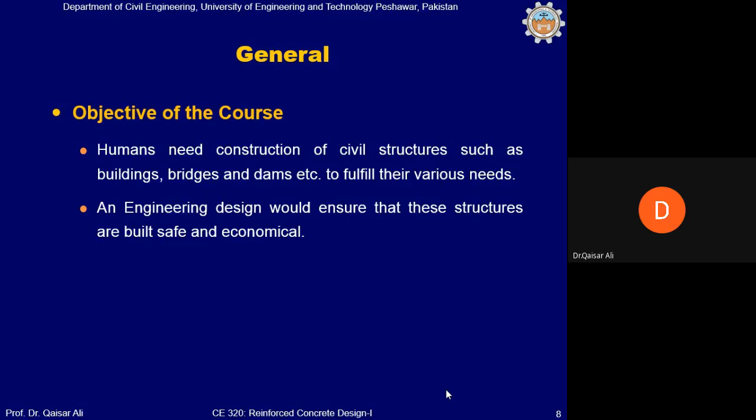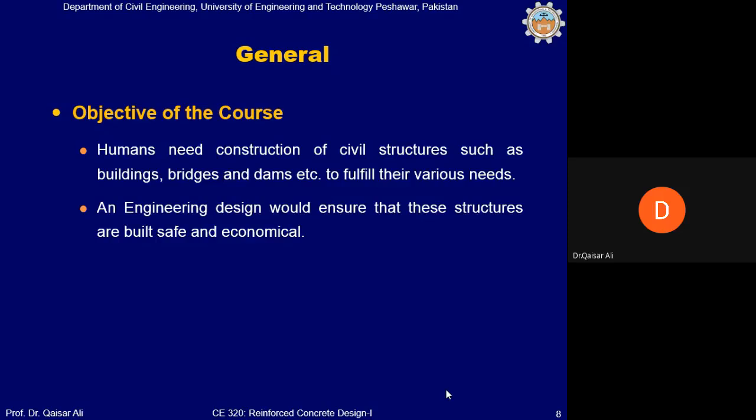If you compare and see the structures which were constructed around 100 years ago or even more, you would see that they are very, very huge structures. They are safe, so safety was there in all those structures, according to the understanding of those masons who constructed them. But they were not economical, because economy was not a prime objective at that time.